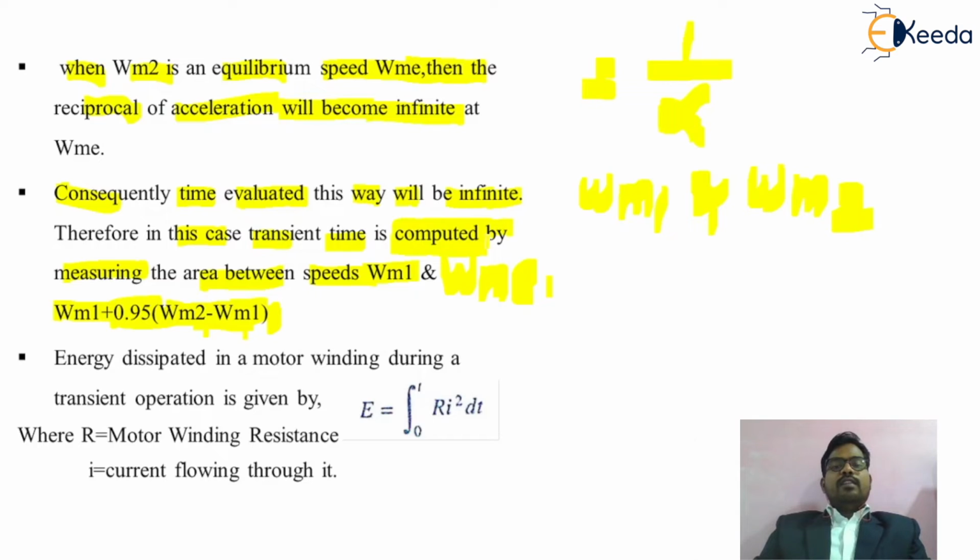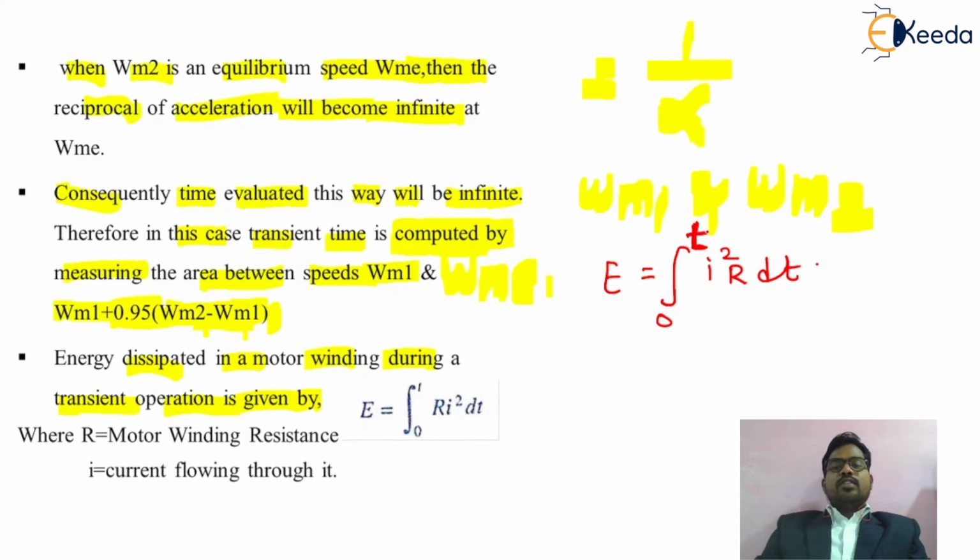Then we will find the energy loss dissipated in a motor winding during the transient operation, which is given by the basic Ohm's law: E is the integral from 0 to t of I square R dt. What do we mean by t?